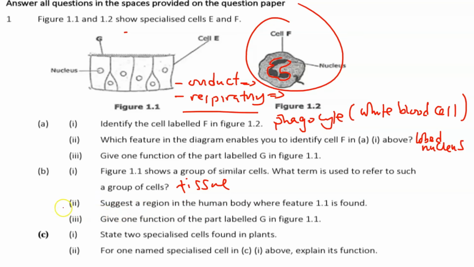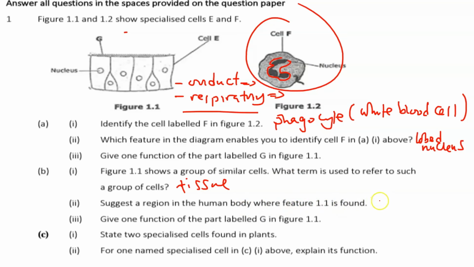Then let us move to B2, Roman numeral 2. Suggest a region in the human body where feature 1.1 is found. They are saying here, in humans, give a region in the human body where feature 1.1 is found.